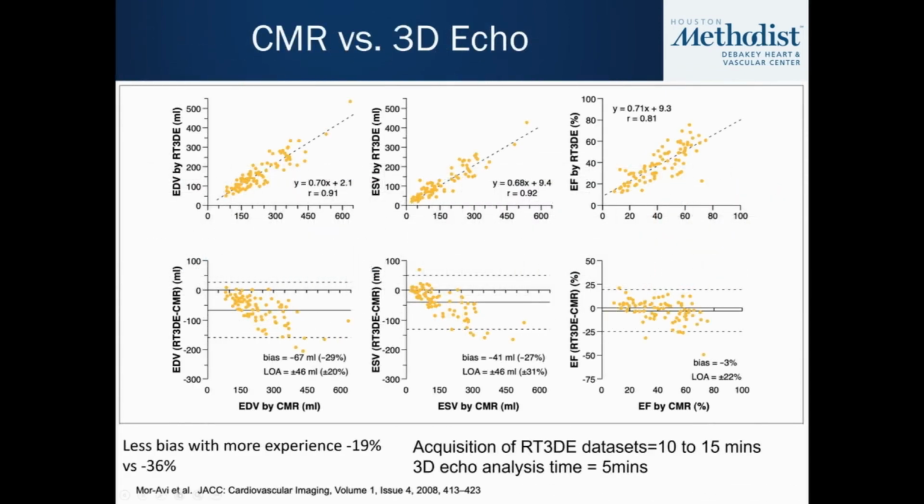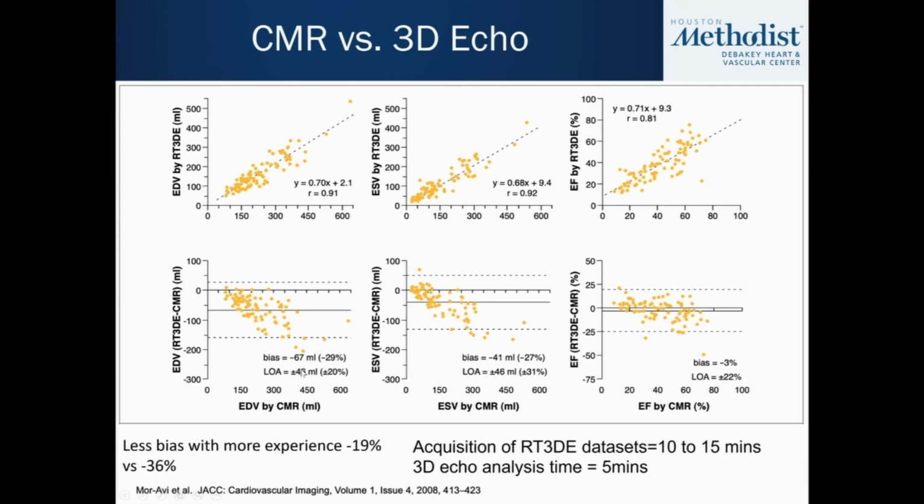And I think this notion occurs really in all modalities, but I don't think it's a huge difference in either case. Okay, so this is the seminal study that looked at CMR versus 3D echo. And as you see here, unfortunately, with 3D echo, despite theoretically resolving the issue with foreshortening, there's still underestimation of volumes with 3D echo compared to MRI.